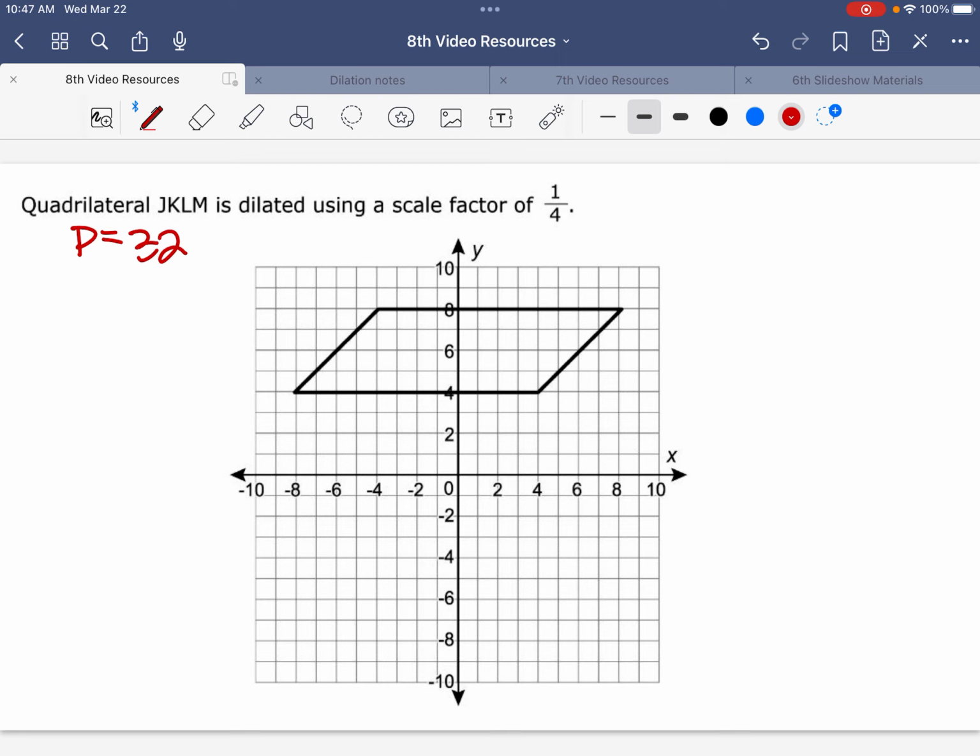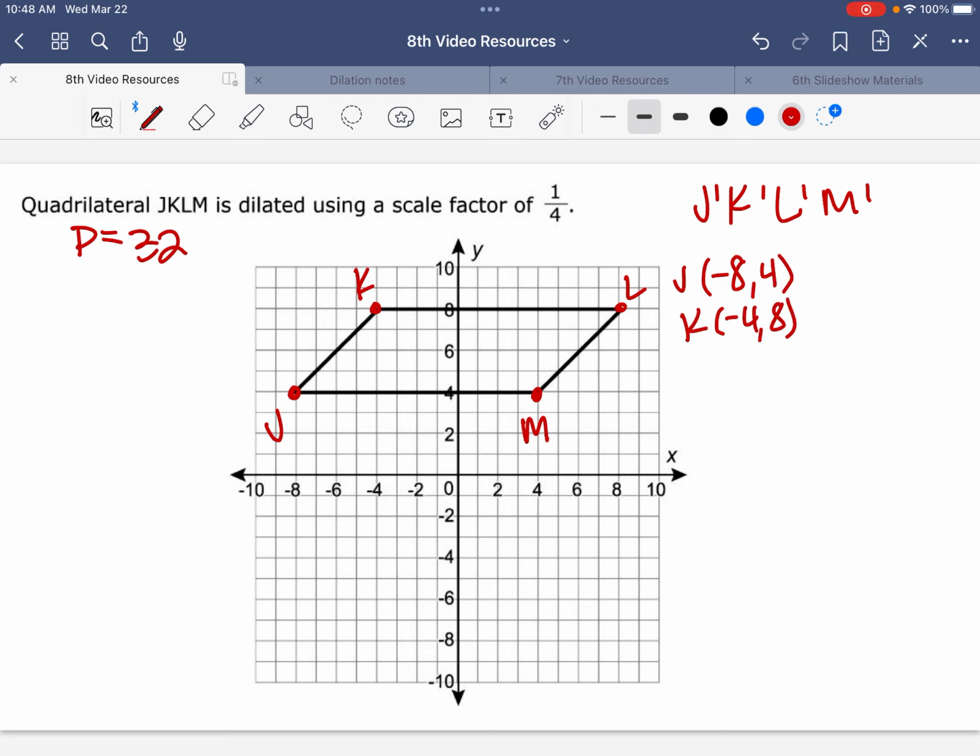So let's first graph quadrilateral J prime, K prime, L prime, and M prime, which we can do by finding these coordinates and finding the new values. So point J is at -8, 4. Point K is at -4, 8. Point L is at 8, 8. And point M is at 4, 4.